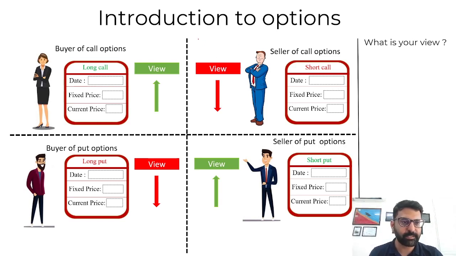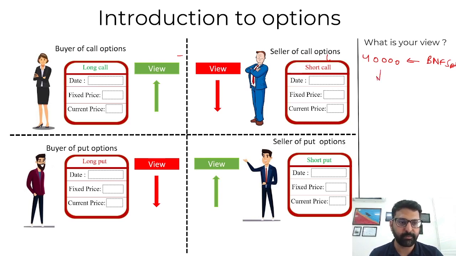So for example, let's say Bank Nifty is presently trading at around 40,000, let's say. So this is the Bank Nifty spot, right? And if you feel that markets are going to go up, then you have two options.